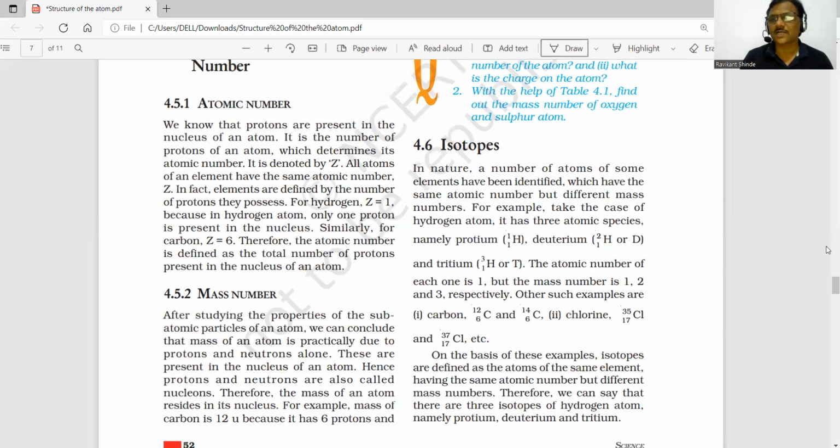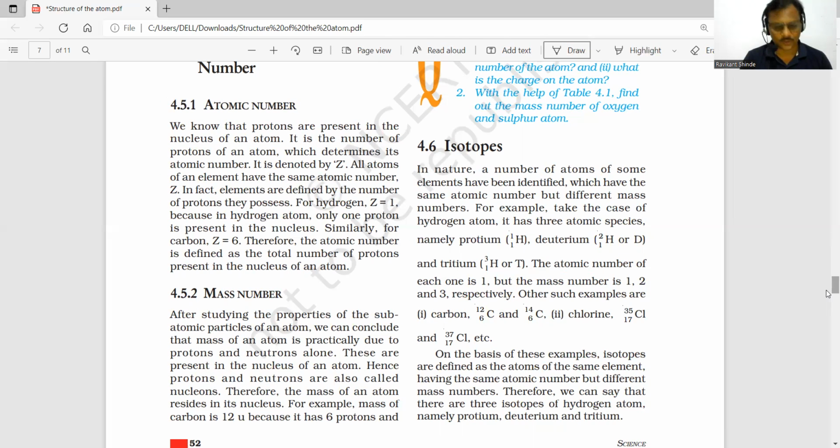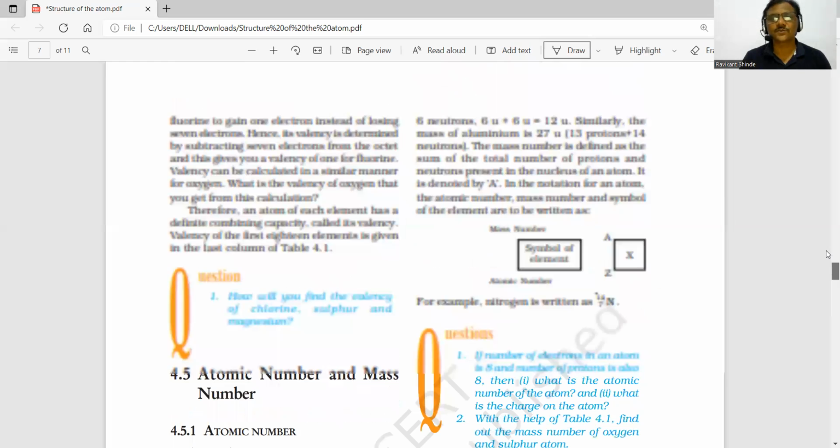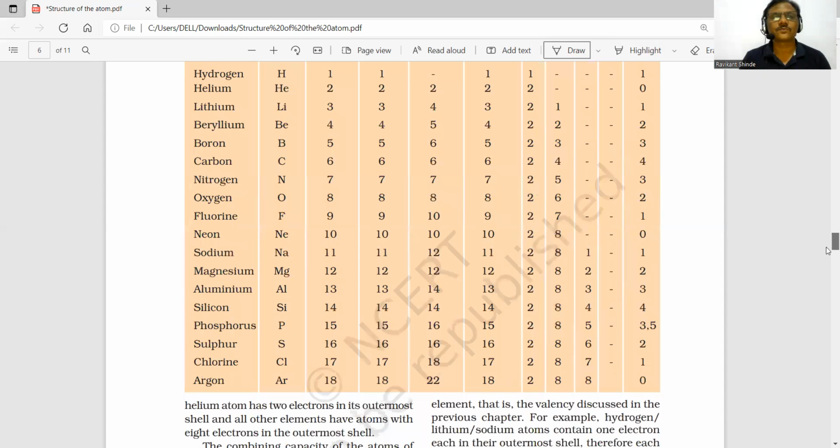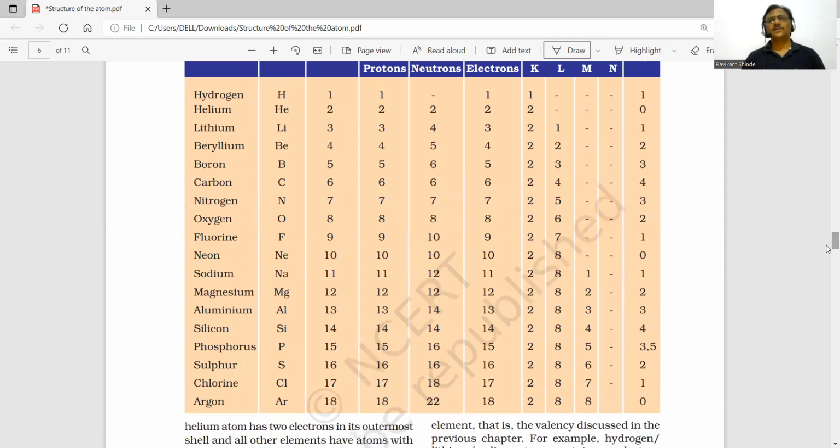You can look at the chart. These masses are important, so just go through this chart. Can you see? Can you read it out? Yes, hydrogen, helium, lithium, beryllium. See the mass numbers. Hydrogen is 1.